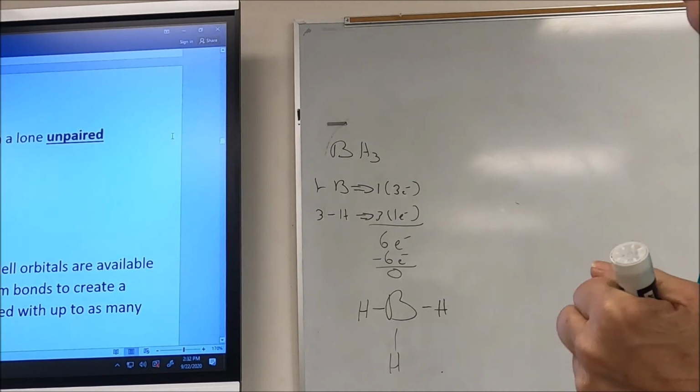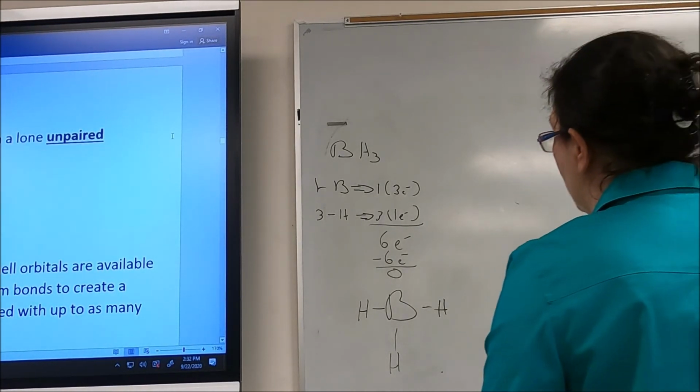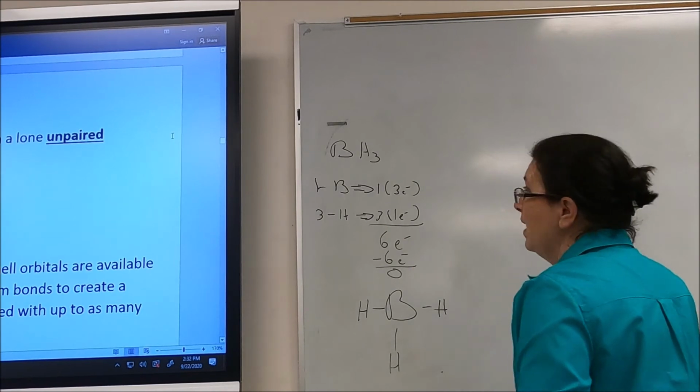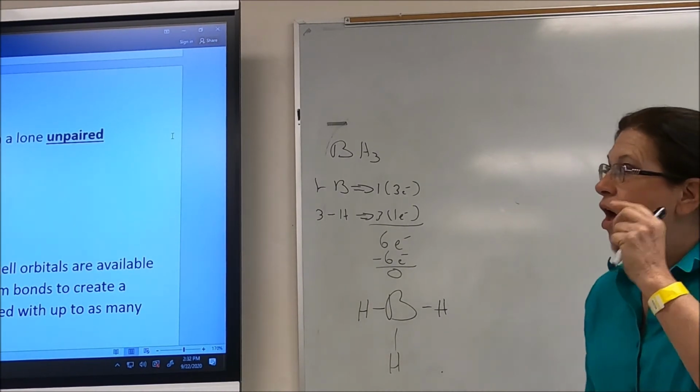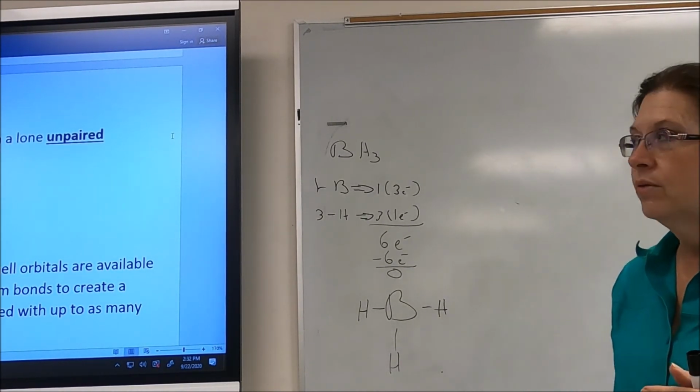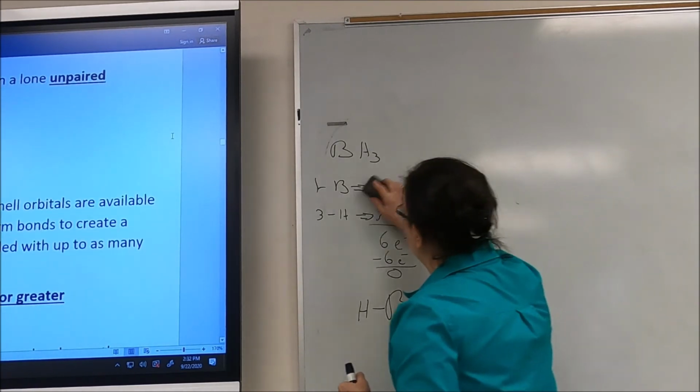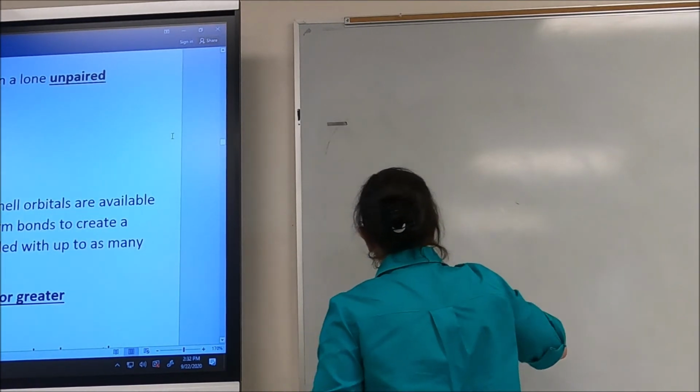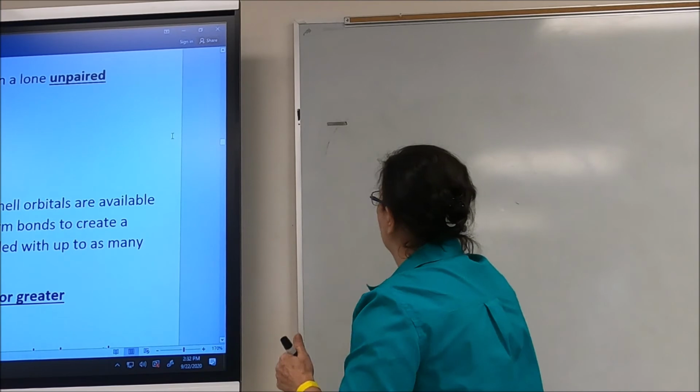Now, on top of having electron deficient molecules like boron, we can have what are called the odd electron molecules. And they're called odd electrons because they've got an odd number of valence electrons.